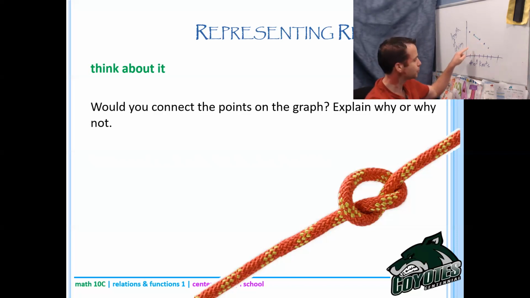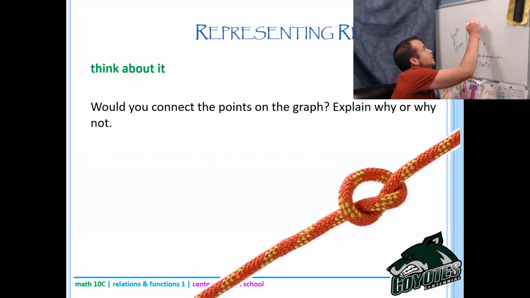And that's not true because that data in here would represent like 1.2 knots or 1.6 knots or something like that, okay? You can't have 1.6 of a knot. You either have a knot or you don't have a knot. So because of that, we can't connect the dots together. And that is something called discrete data. Now we're going to talk much more about that as we go on.